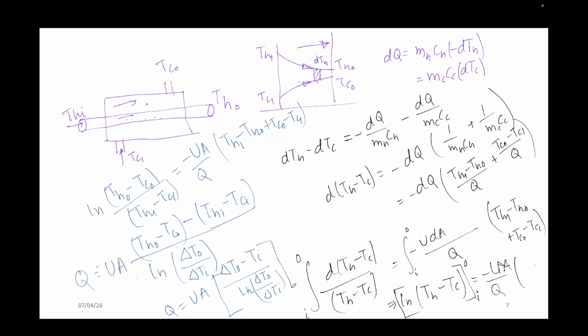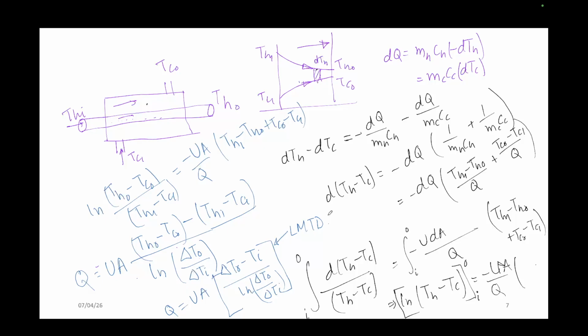So what is the formula of Q? The general formula is Q equal to UA times the temperature difference, right? This temperature difference is known as your LMTD, the logarithmic mean temperature difference.